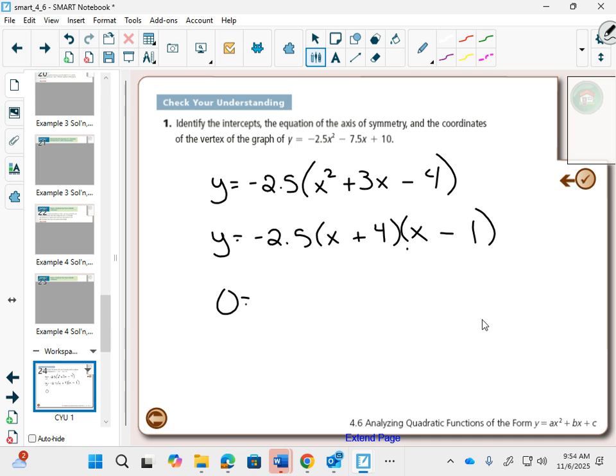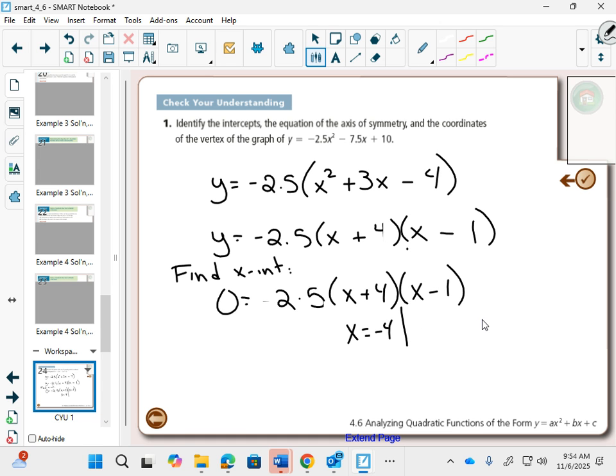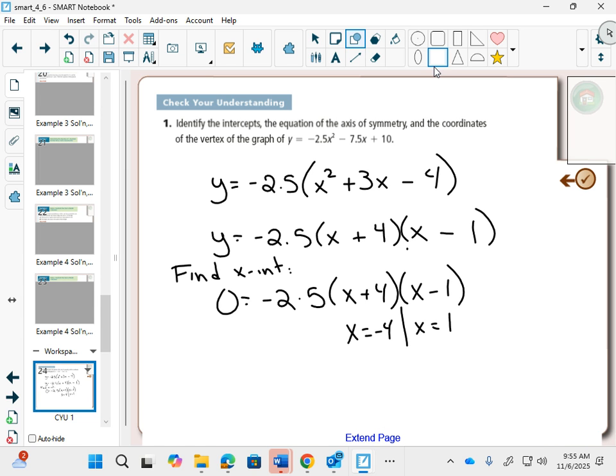And so if I set this, technically I'm going to show all my work here. If I make this equal to 0, this will find my x-intercepts. And I can use the zero product property to say that my zeros are at x equals negative 4 and x equals 1.